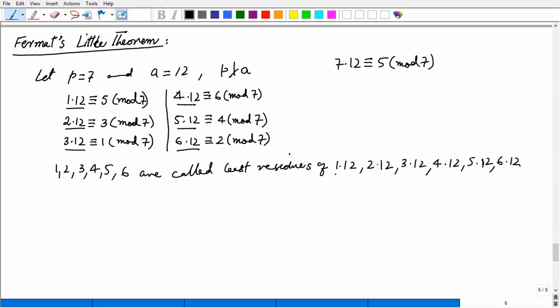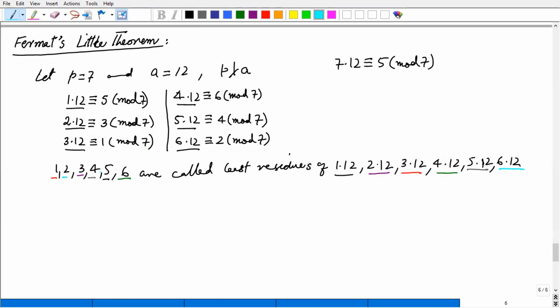For example, the remainder of 1 times 12 is 5, of 2 times 12 is 3, of 3 times 12 is 1, of 4 times 12 is 6, of 5 times 12 is 4, and of 6 times 12 is 2.